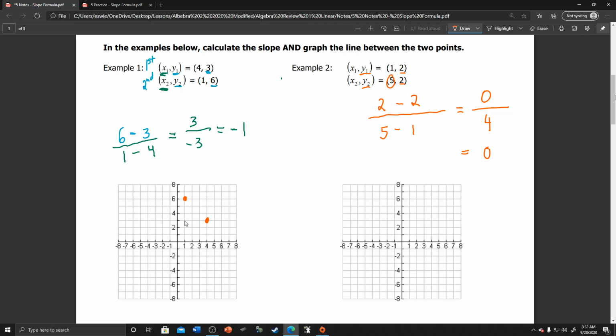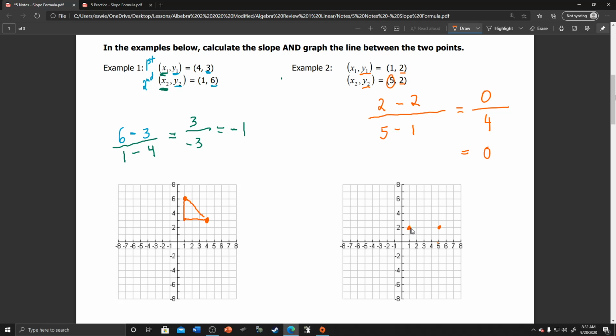So if I drew a sort of triangle, this is going down the ramp, so it makes sense that we have a negative. And it goes down 1 over 1, down 1 over 1, down 1 over 1. Our formula is working. Here, let's see, 1, 2, and 5, 2.